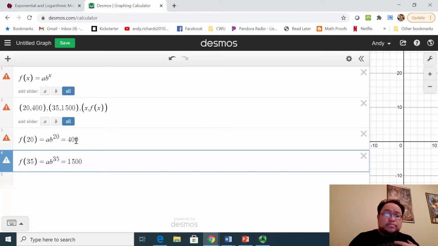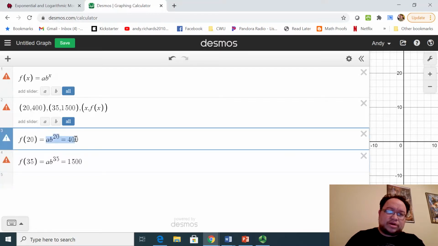So we know our input and our output. And the important thing is both of these instances have a unique value for A and a unique value for B, where A is our initial value and B is our growth rate. How fast is this thing growing? Well, this is the information we're working with.